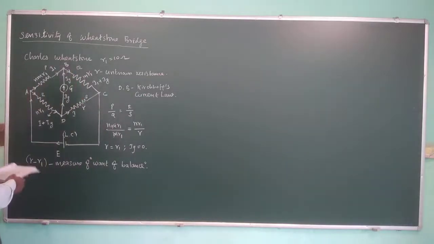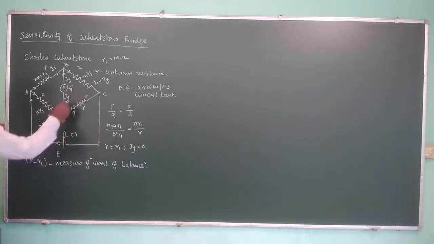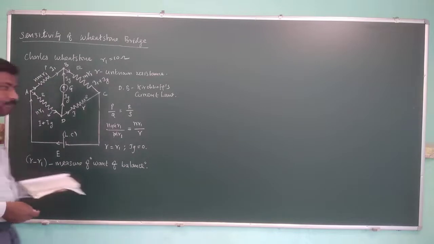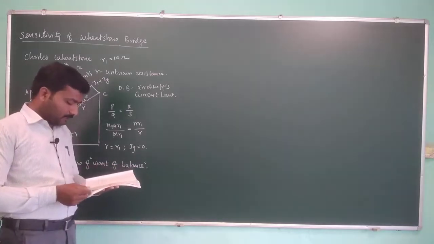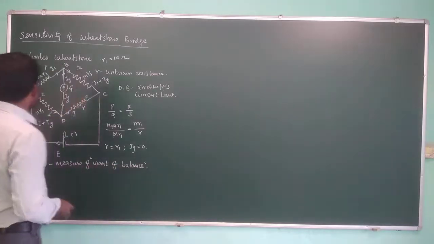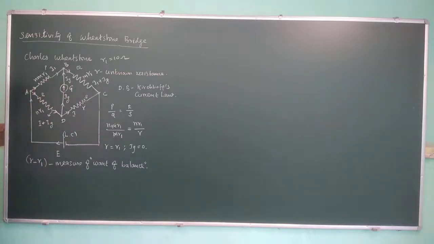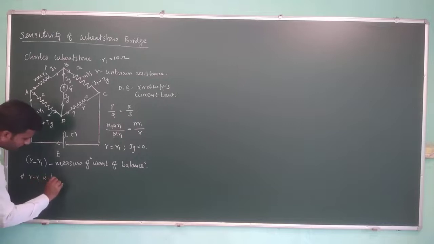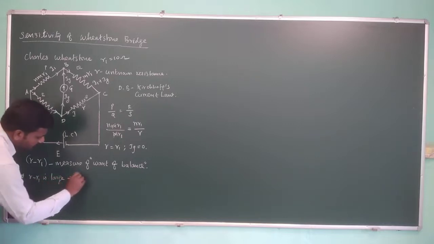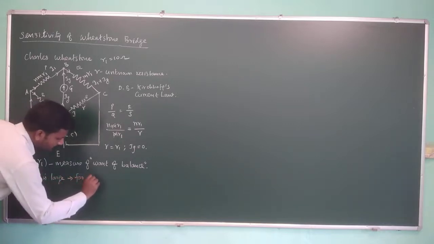And the other point is, even though this difference is small, if this Ig is large, then this bridge will be most sensitive. So two points. One, if R minus R1 is large, then the bridge is far away from balance.